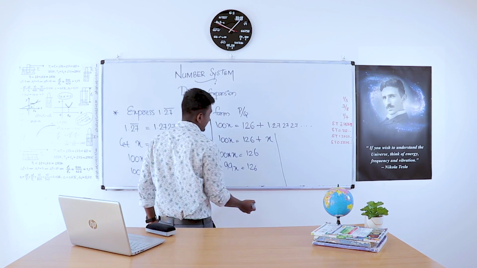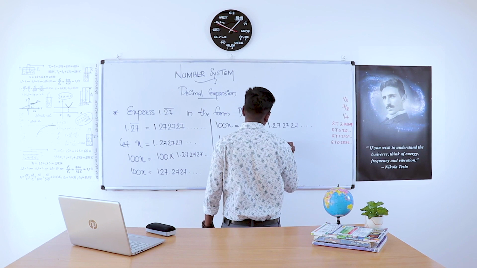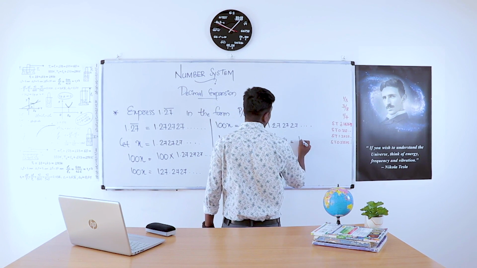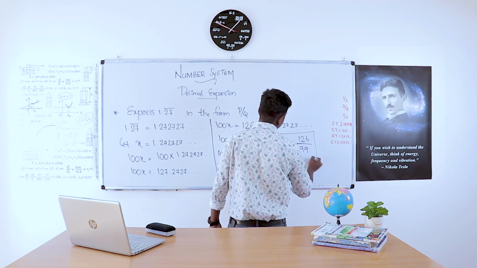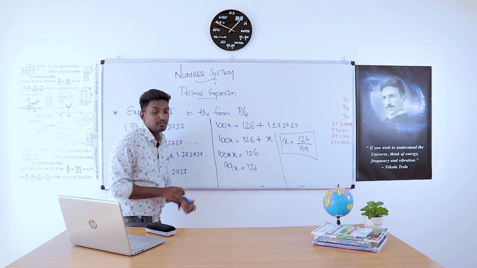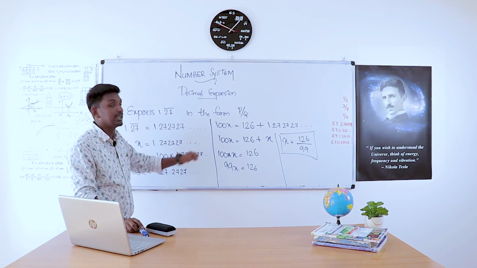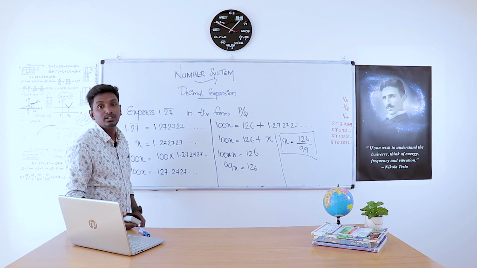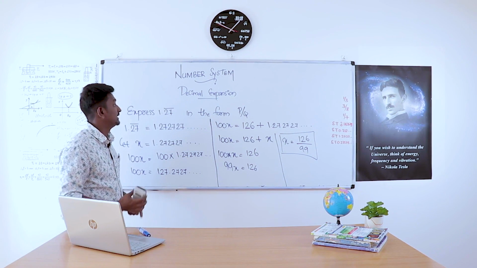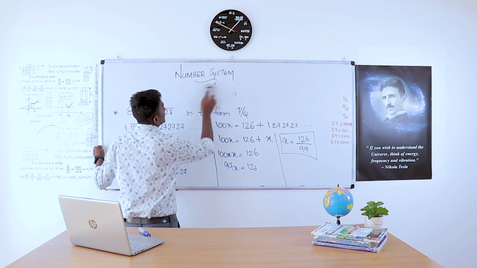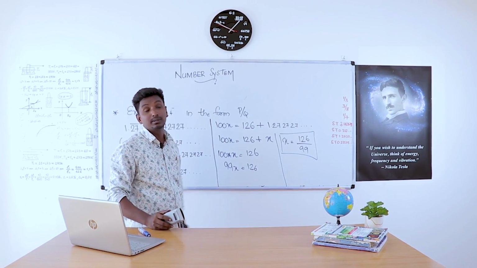We have to find x. That is the P by Q form of 1.27 bar. That is x is equal to 126 by 99. This is the rational form of 1.27 bar. In a similar way, we can write the P by Q form of non-terminating recurring expansions. I think it is clear to you. This is the decimal expansion form, terminating and non-terminating recurring.